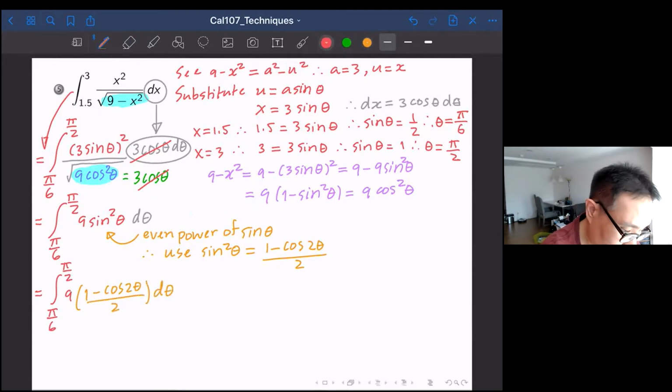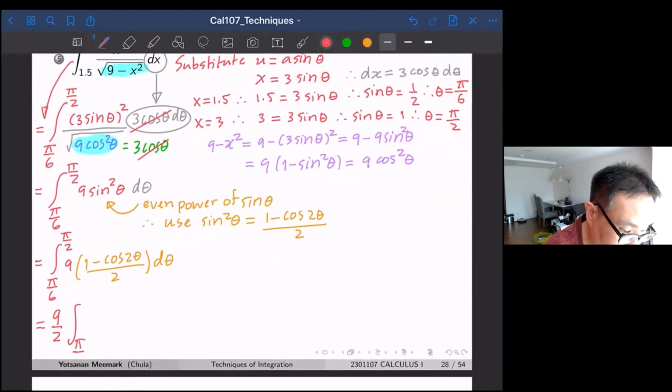Okay, so this guy will be 9 over 2, and you integrate from pi over 6 to pi over 2, 1 minus cos 2 theta d theta.